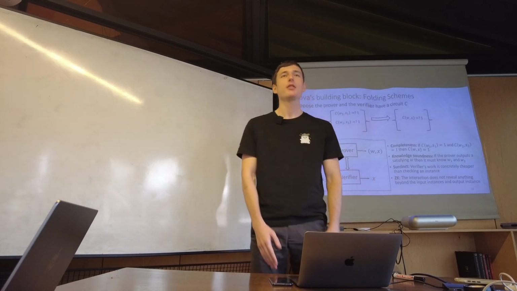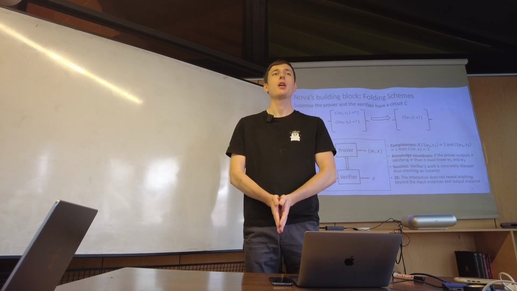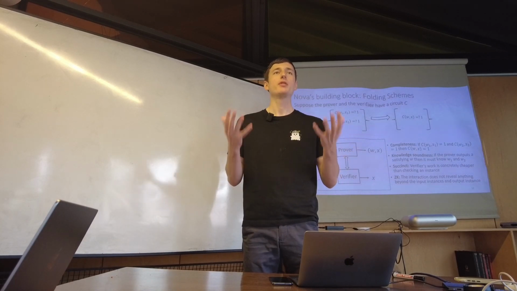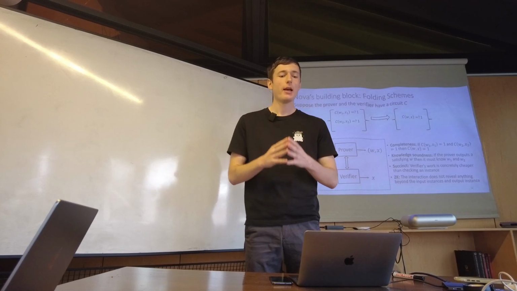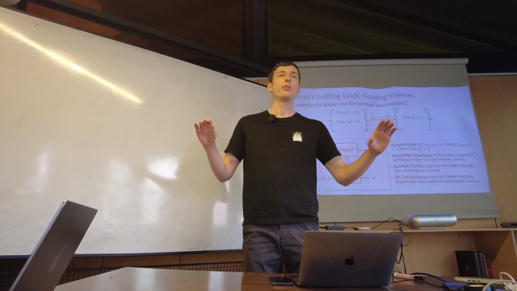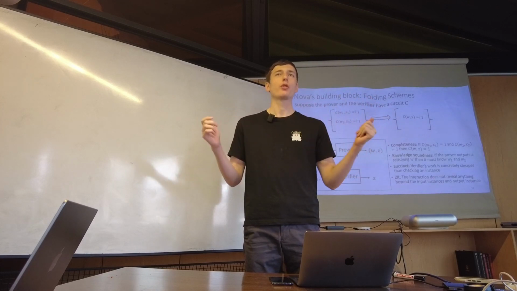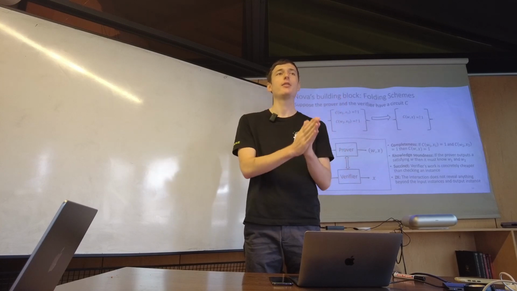So basically, the core idea of Nova is folding schemes that allow you to take multiple instances of the same problem and combine them to, in the end, have a big polynomial that you can construct, because the commitments you use are like Pedersen commitments, so they are additively homomorphic.